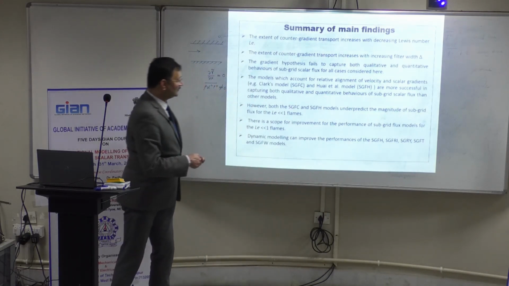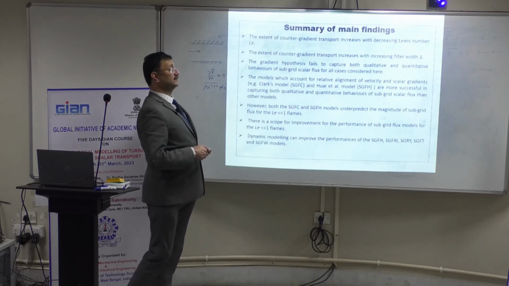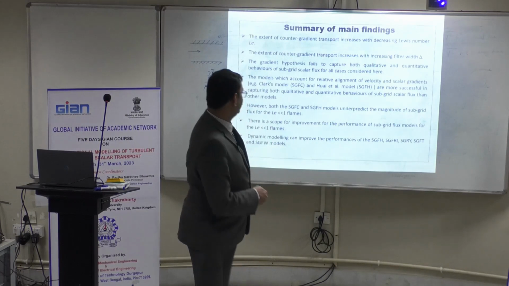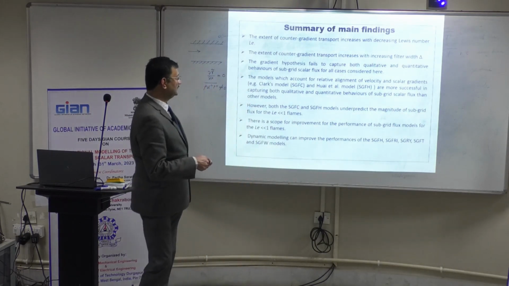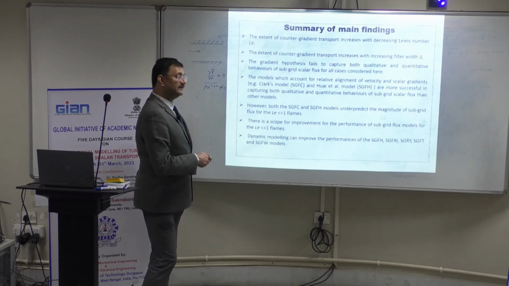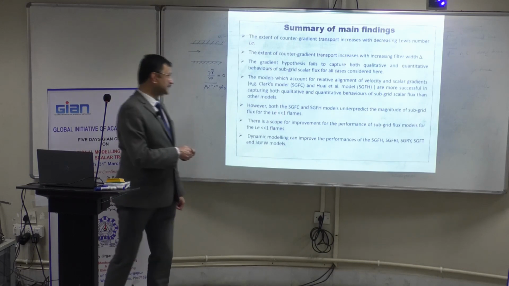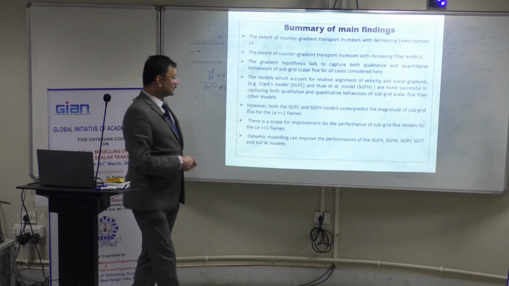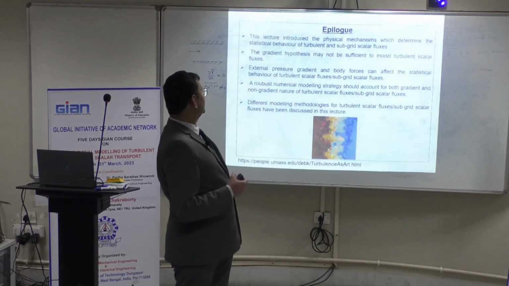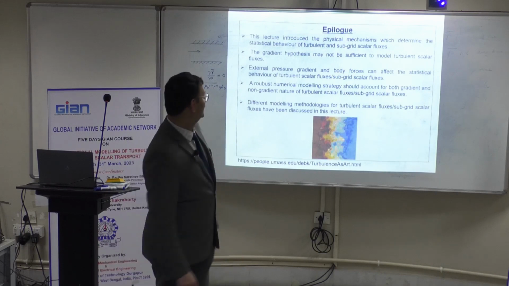The behavior of Clark's model and Bhowmik's model are much better in comparison to other alternative models, but they still underpredict the magnitude of the subgrid flux when Lewis number is very much different from unity. There are scopes for improvement, and if you use dynamic modeling, there are scopes for further improvement.